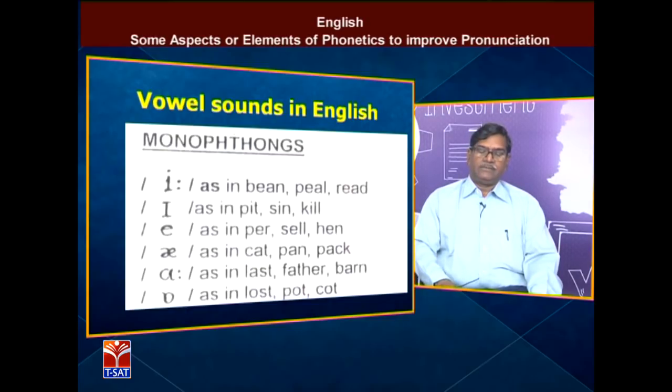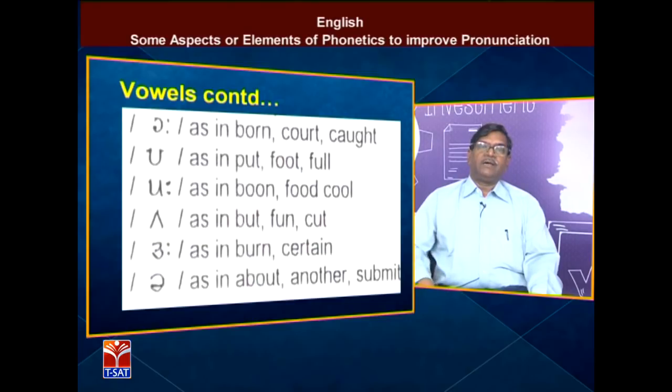And then we have the symbol O, as in born, court, caught, C-A-U-G-H-T also, ball, B-A-L-L, all. So, in all these words we have the sound O, elongated O, which we have in our Indian languages.